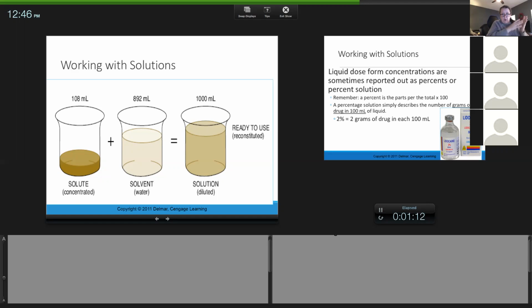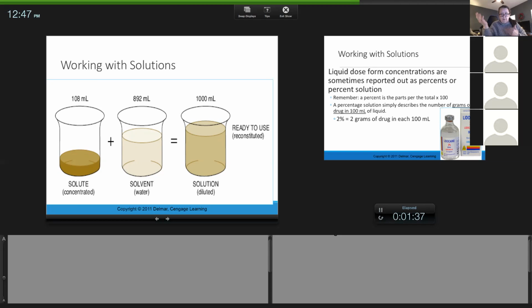So normally when we add a solute to a solution, we pull out from that volume whatever we're adding. If I'm adding 50 mils to a bag of saline, I pull out 50 mils of saline and add 50 mils of my drug, if that makes sense. So what you're going to end with is typically 1,000, or however many mils you want to make.